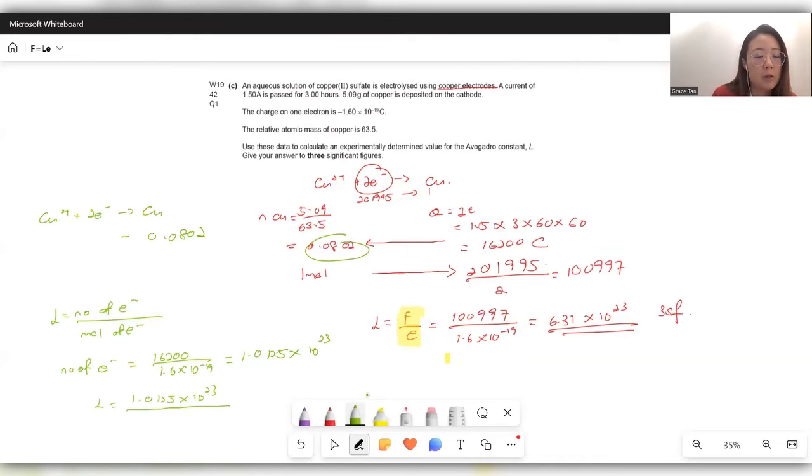Based on the stoichiometric equation, your number of electrons in the experiment is 2 times 0.0802, which is 0.1604. So the number of moles of electrons here is 0.1604.